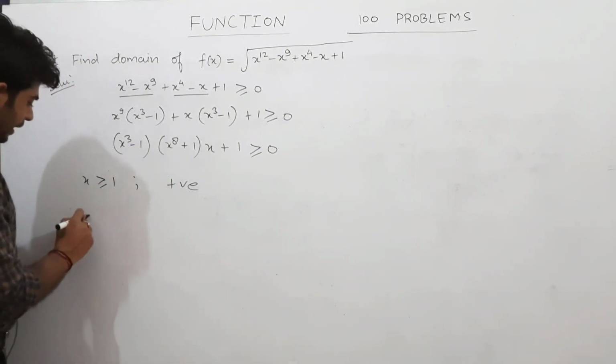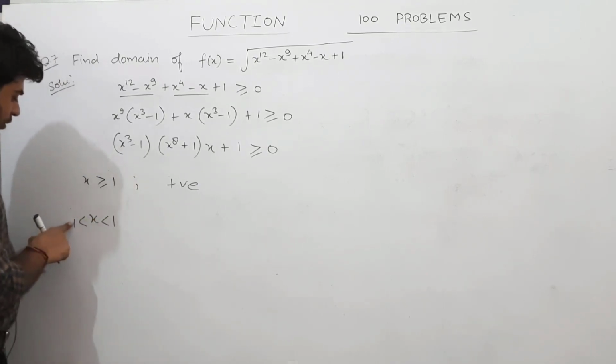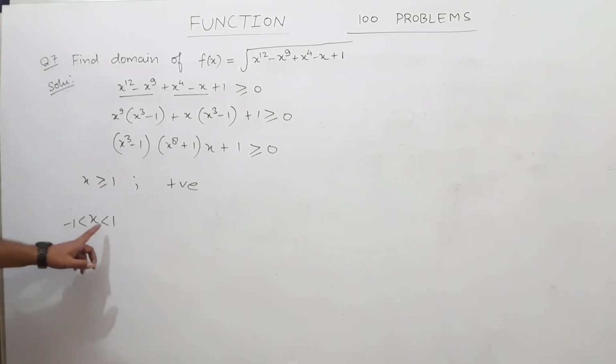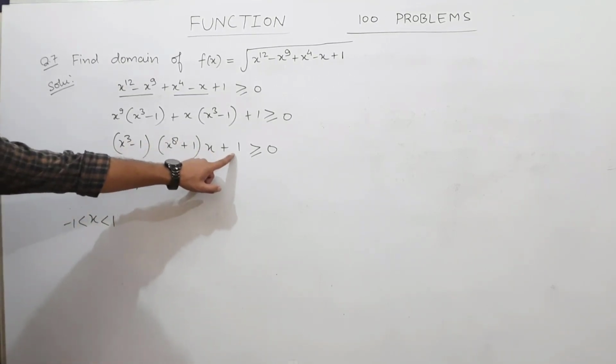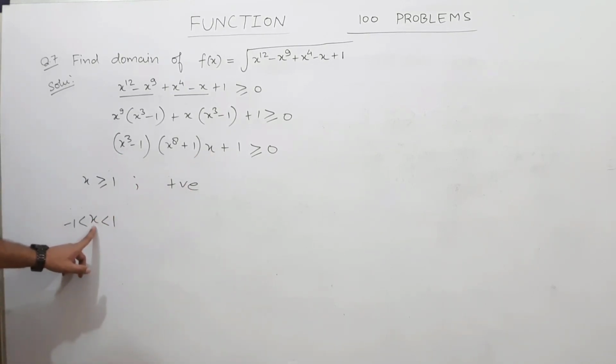Now we will check for x between minus 1 and 1. When x is exactly 0, the entire value is 0 plus 1, which means it is a positive value. Now x is a fraction, either positive or negative.